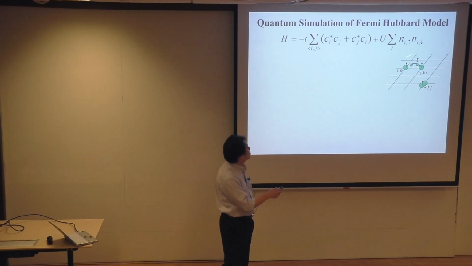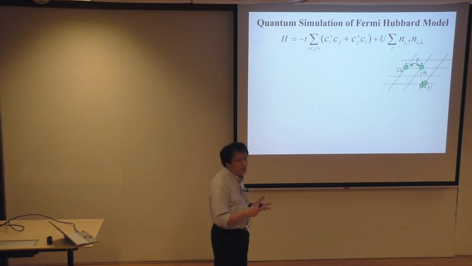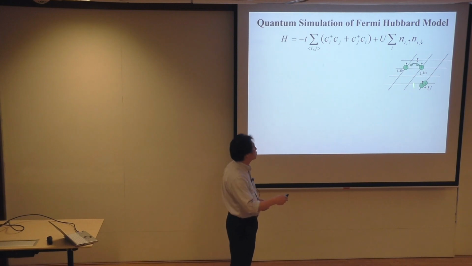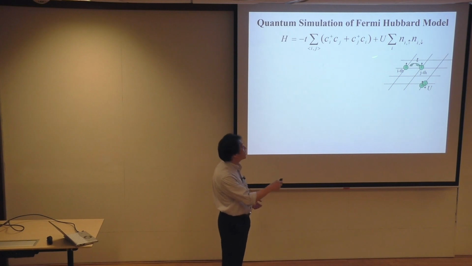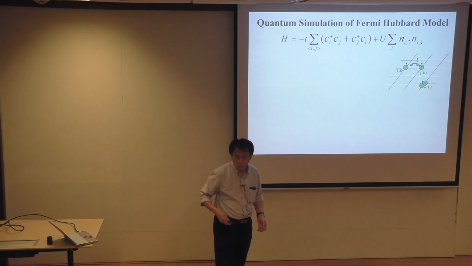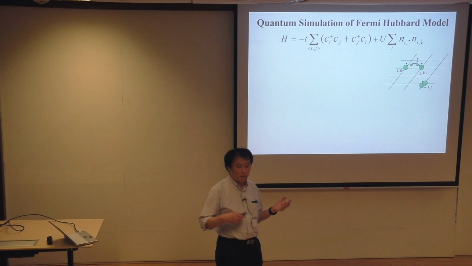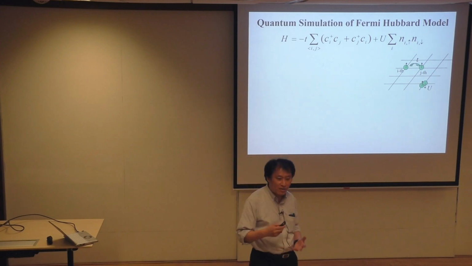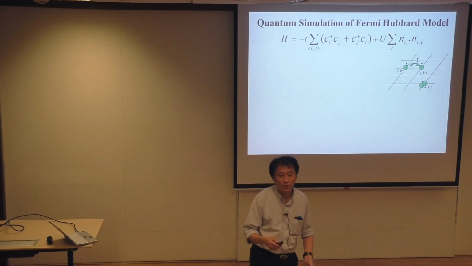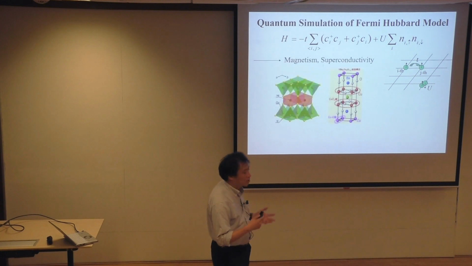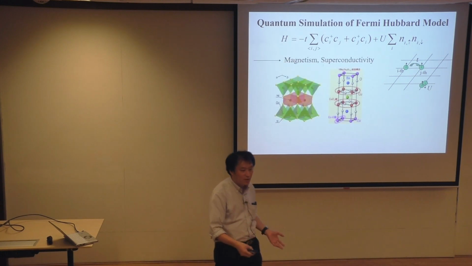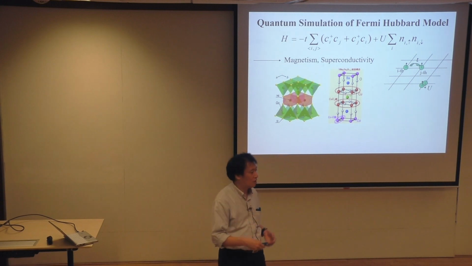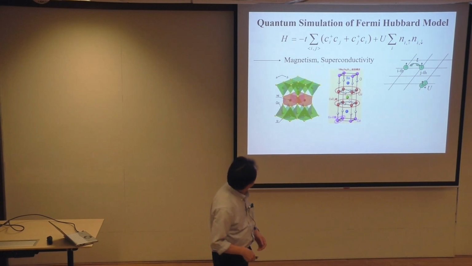The second term describes the on-site interaction when two particles occupy the same lattice site and is characterized by the on-site interaction energy U. This Hubbard model is very important in condensed matter physics because it describes novel quantum magnetism and unconventional superconductivity such as in high-Tc cuprates.